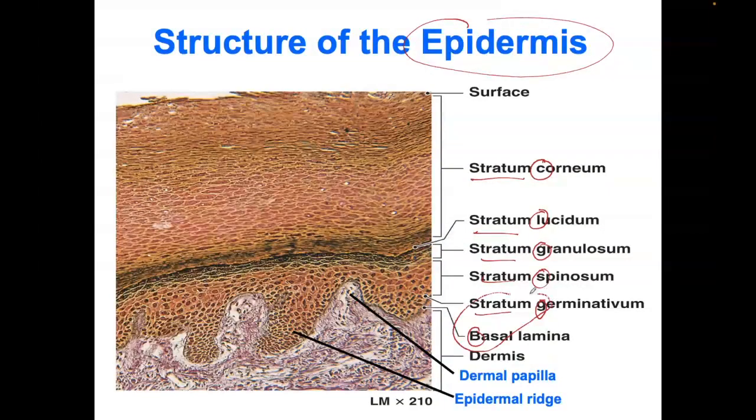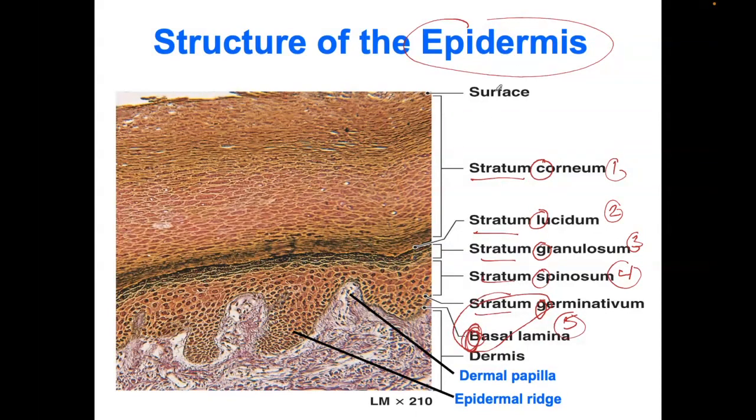These are kind of interchangeable. So we have 1, 2, 3, 4, 5 layers. Now, a little silly mnemonic: Cher loves getting skin Botox.